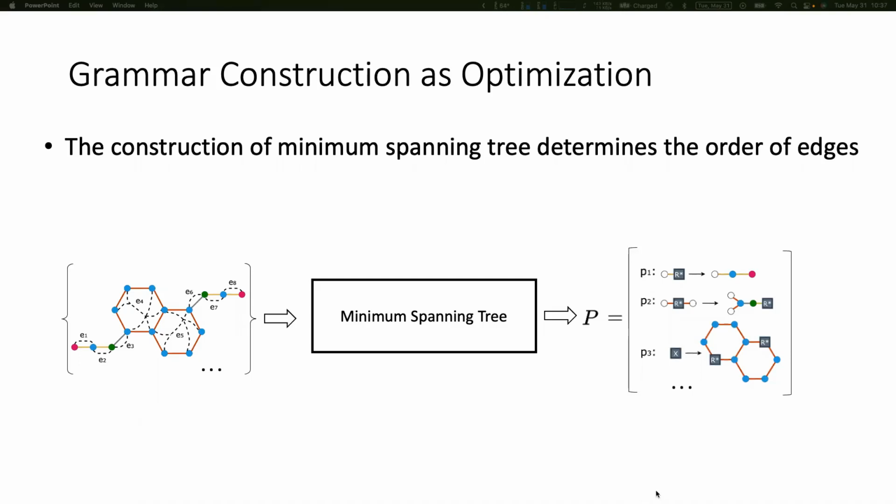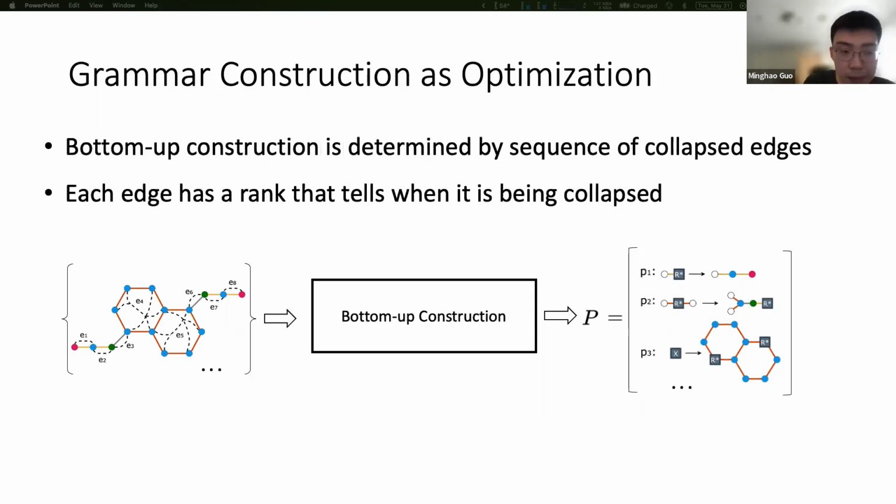Sure. Yeah, so as we just discussed, essentially we want to automatically learn this grammar. We know the bottom-up construction is determined by the sequence of the collapsed edges, or how you pick the edges at each iteration.